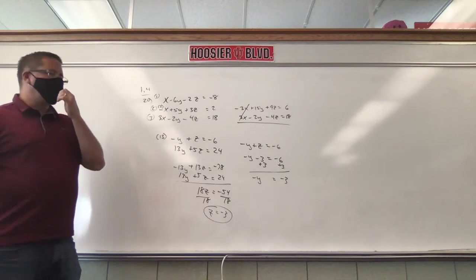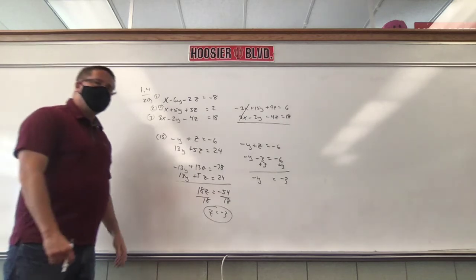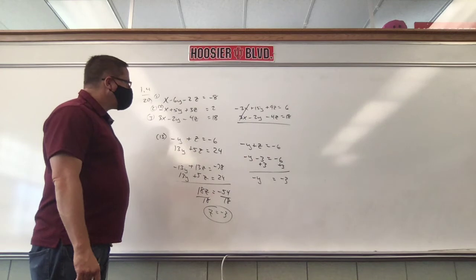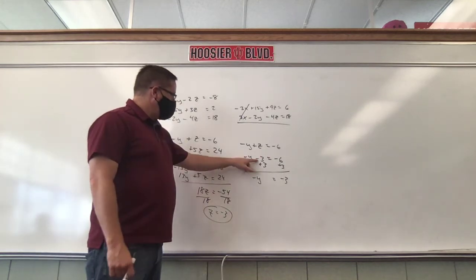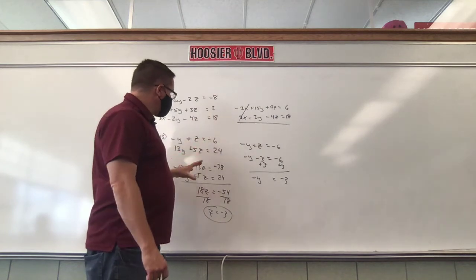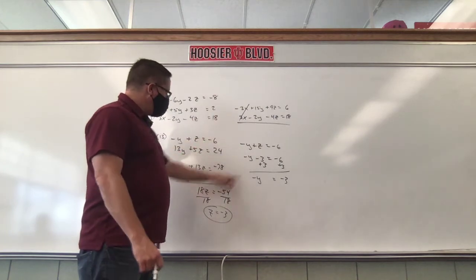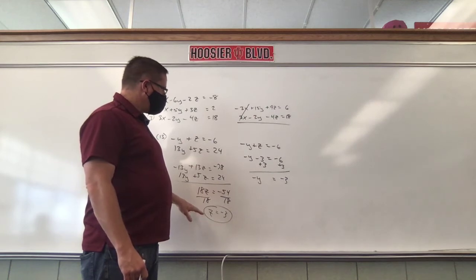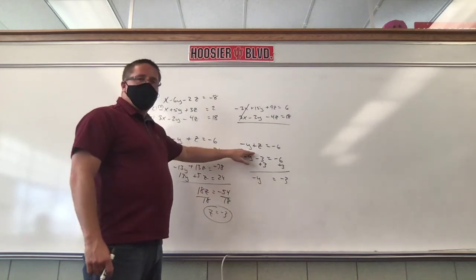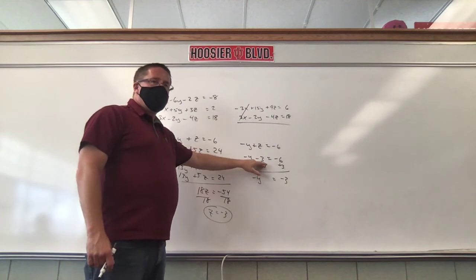If negative y is negative 3, wouldn't the top one be plus 3 though? No, because we know what z is. So wouldn't that be plus 3? Right, I just wrote it down. Then I plugged it in.